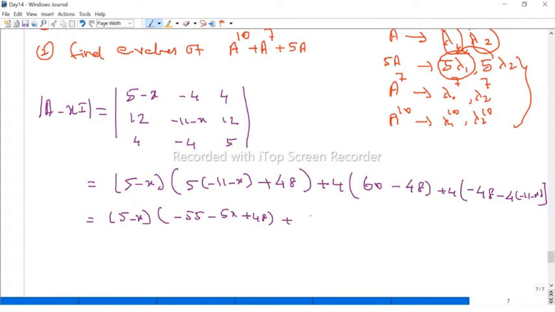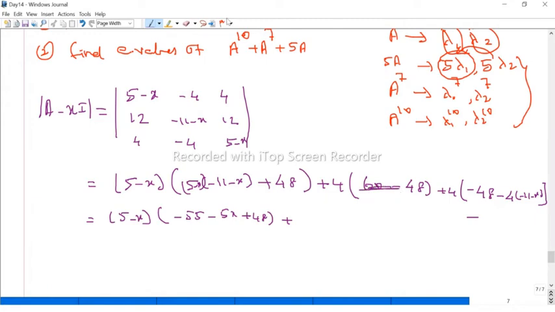Sir, here the last element will be 5 minus x only, no, sir? Written only 5, because on the diagonals we have minus x. Oh, sorry, sir. Thank you. Yes, so here we get 5 minus x.